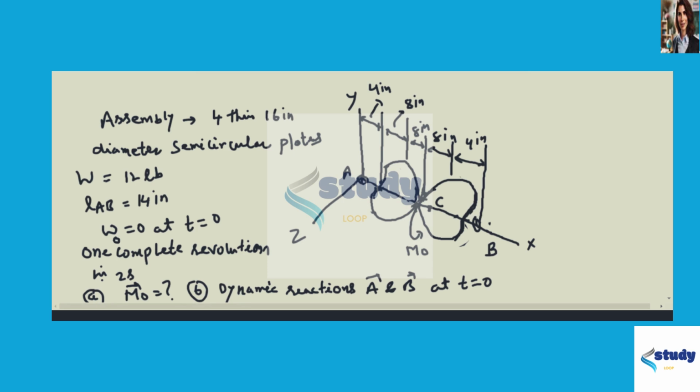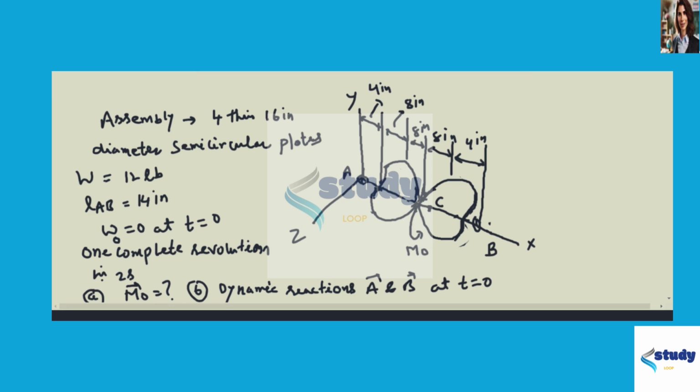Hello friends, as shown in the diagram, it consists of 4 thin 16-inch diameter semicircular aluminum plates welded to a light 40-inch long shaft AB. Weight of the assembly is given as 12 pounds. Initially it is at rest.